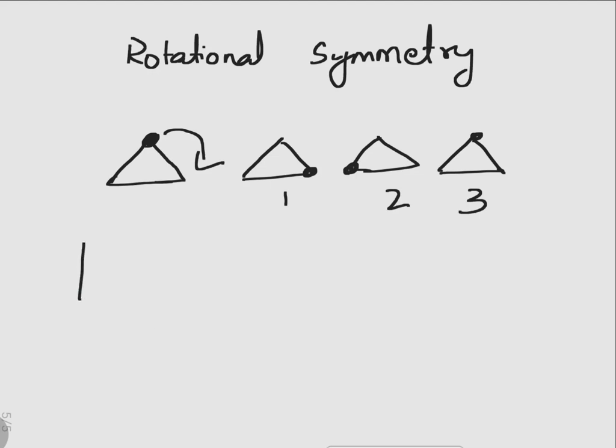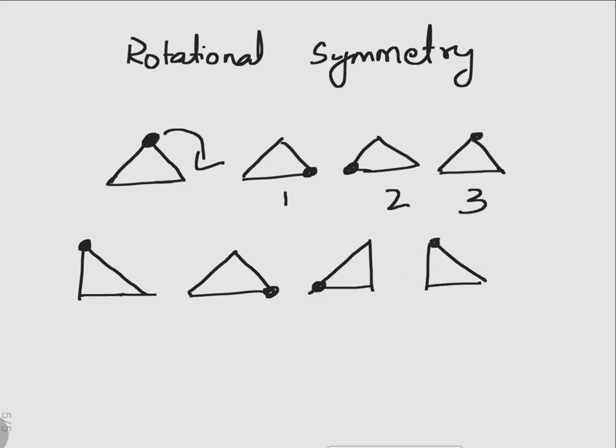However, let's take an isosceles triangle like this, or an isosceles right angle triangle like this. What happens if I rotate this one in any way? It will become like this, and this will go like this, and again it will become like this, right?